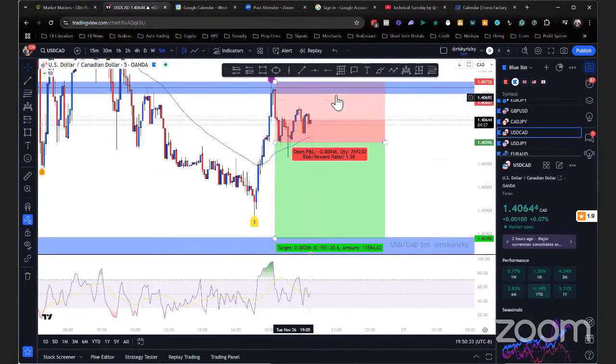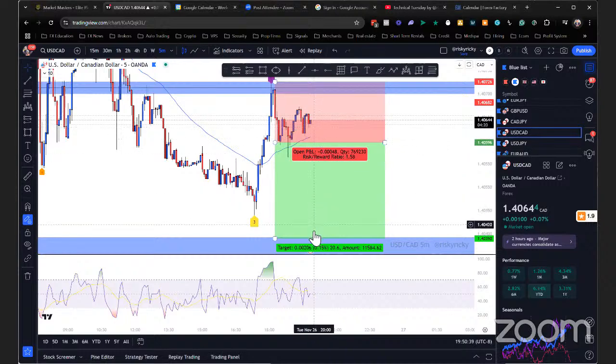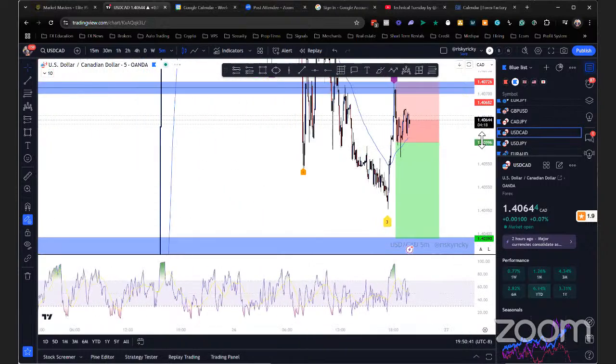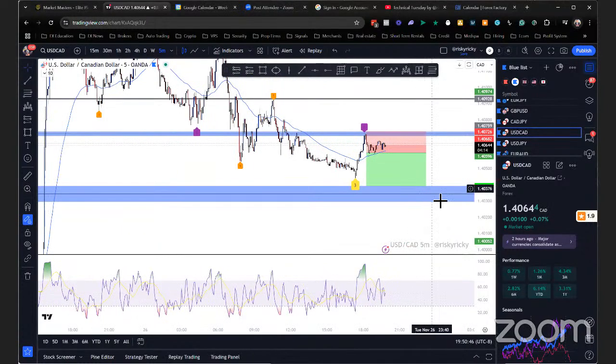Sell limit is when price is pushing up and you want to sell on the way back down. So this one is a sell stop down to, yeah, it definitely has potential to drop down to those lows there.